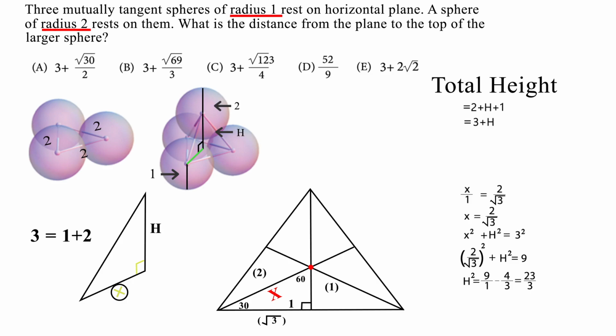And therefore h would be equal to the square root of 23 over 3. All right? So therefore my total height finally is 3 plus h, and h is the square root of 23 over 3. So let's see, any of our answer choices match that?